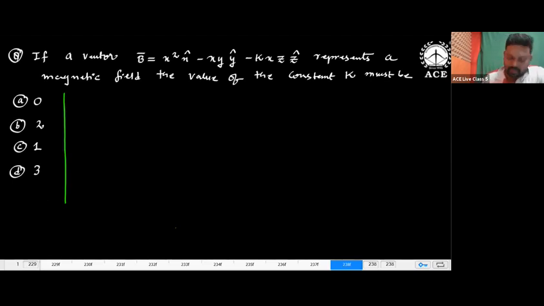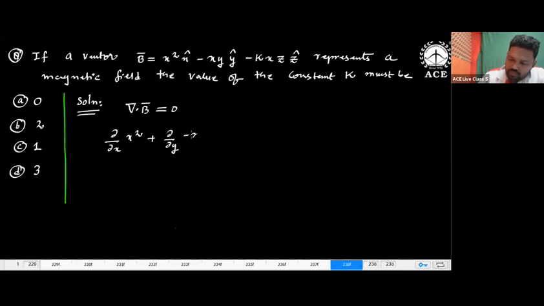Okay, beta, see here. So divergence of B is equal to 0. So it is dou by dou x of x square plus dou by dou y of minus xy plus dou by dou z of minus kxz is equal to 0.